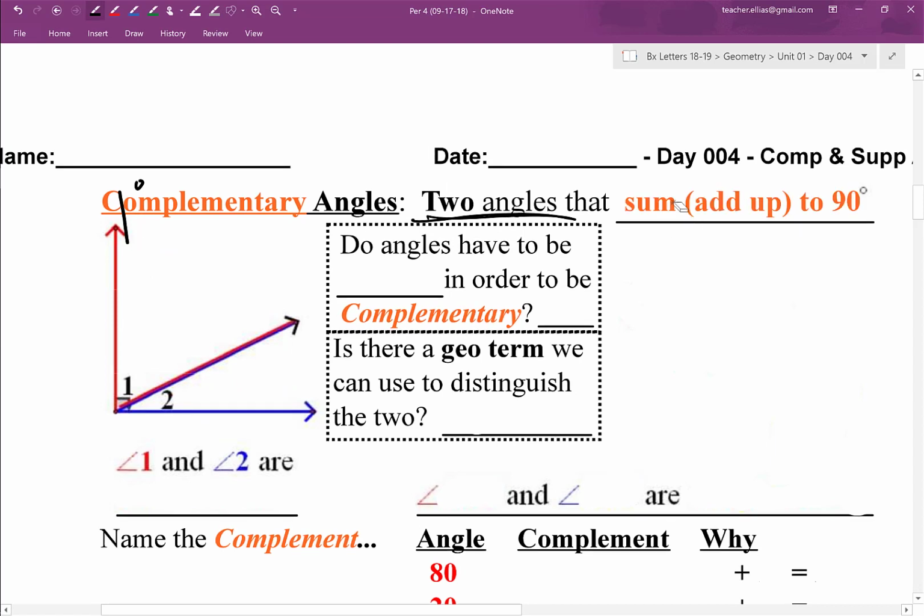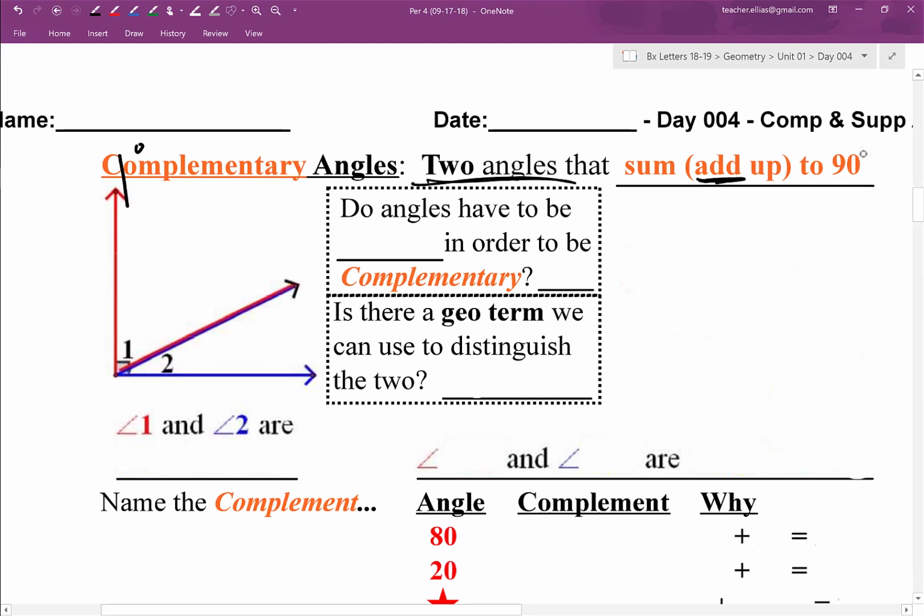So when you use the term complementary, all you're saying is that it's two angles that add to 90. Whenever you hear complementary, it has to add up to 90. If it goes past it, it's not complementary. If it's less than 90, it's not complementary.